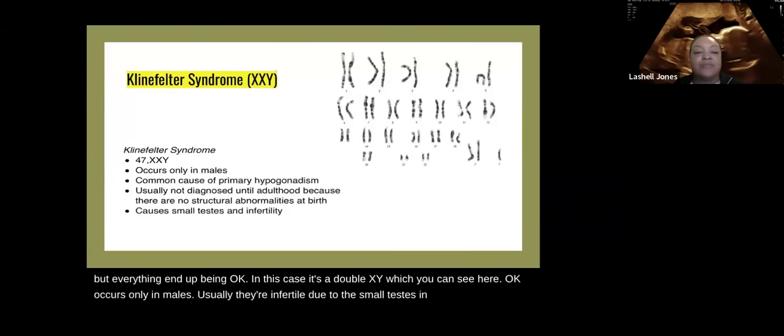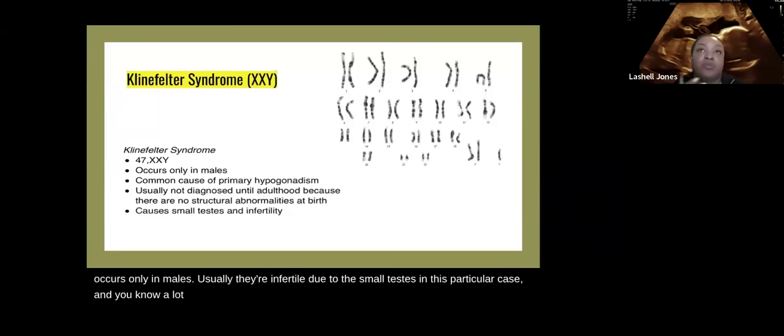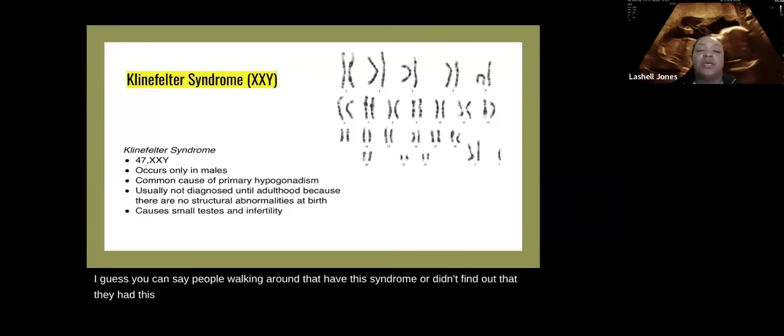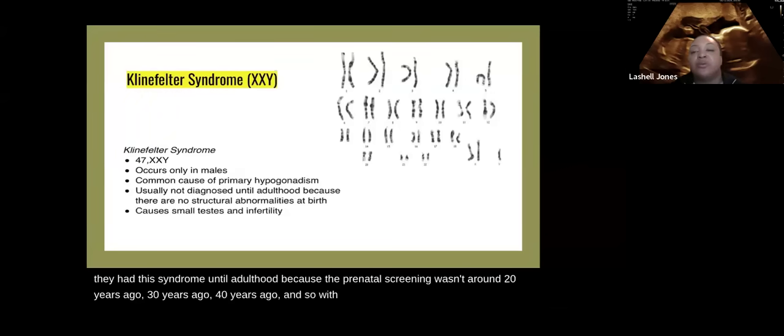There are people walking around who have this syndrome or didn't find out they had it until adulthood, because prenatal screening wasn't around 20, 30, 40 years ago. With these prenatal screening results, especially for sex chromosome disorders, we're able to pick this up pretty early, prior to delivery.